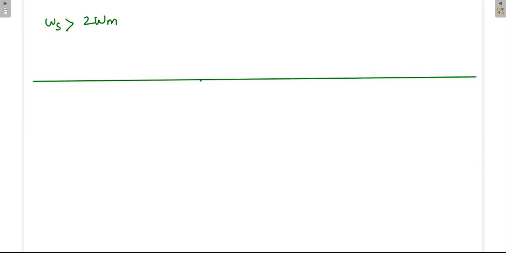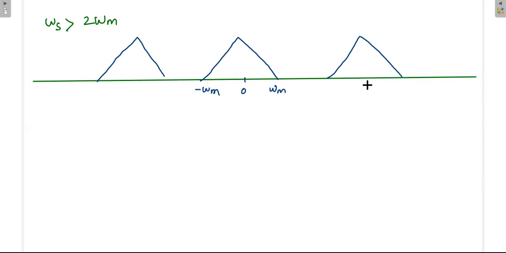Okay, so again, if it is strictly greater, there will be a gap between the spectra. So this is 0, omega m minus omega m, omega s, omega s plus omega m, omega s minus omega m, minus omega s, minus omega s plus omega m, minus omega s minus omega m.